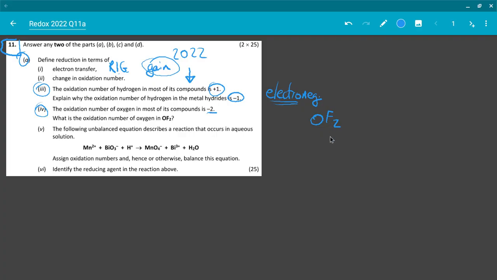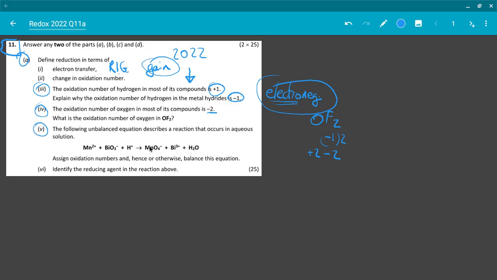It's in the halogen group, so it's more electronegative than oxygen, so it will be negative, and it's -1 because it just needs 1 electron to achieve a full octet or a full outer shell, and there's 2 of them. So -2, so the oxygen, to make the overall charge of this molecule neutral, is +2. Again, that's due to electronegativity.